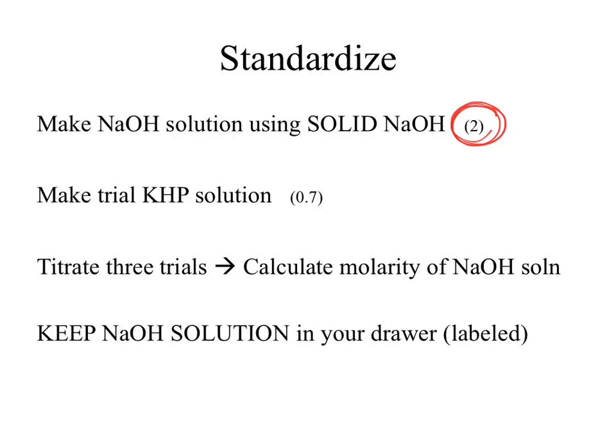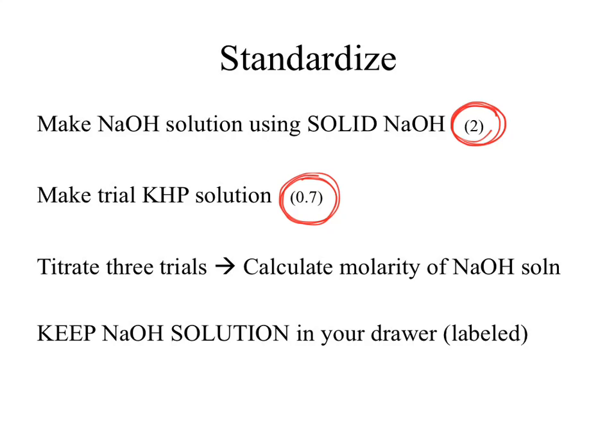The next part is that we then want to make some standard KHP solutions. Okay? Pre-lab also told you to calculate how much KHP to measure out. How many of you did that pre-lab calculation? Roughly 0.7 grams.